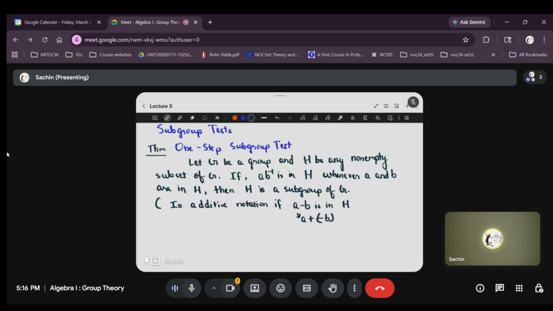In additive notation, b inverse is minus b, that's the notation for the inverse of b. So if a - b is in H whenever a and b are in H, then H is a subgroup of G.